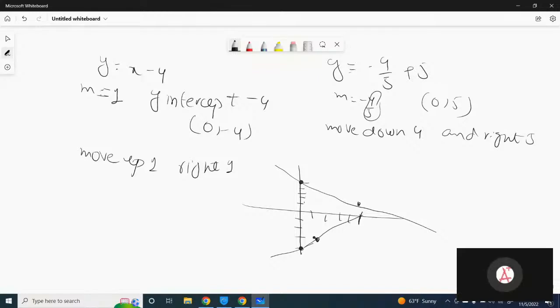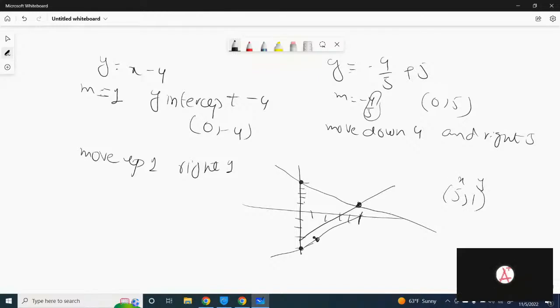Got it? So when you plot the lines carefully on the graph paper, you have one point of intersection for both the lines. It would be like this. Got it? So the point of intersection is (5, 1). x is 5 and y is 1.